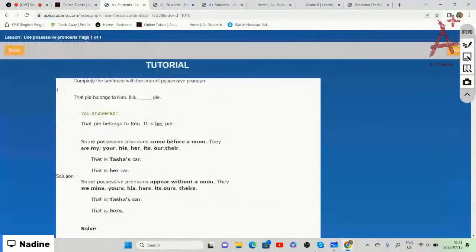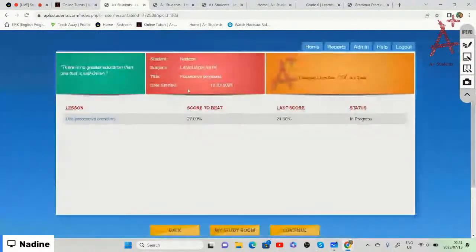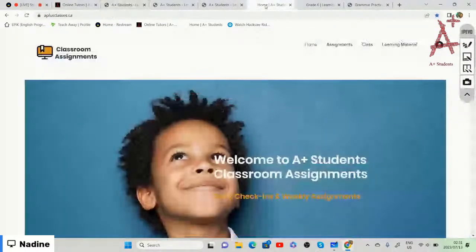All right. So that is basically our lesson on the use of possessive pronouns as well as the chapter on possessive pronouns. So now you're going to go to aplusclasses.ca, and you go to learning material.